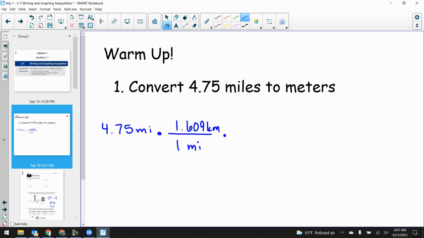But I don't want to end with kilometers. I want to go all the way to meters. So I say 1 kilometer, think back to science class, 1,000 meters. 1 kilometer is 1,000 meters. Are all my variables going to successfully cancel out? Well, I got miles and miles, kilometers and kilometers. So I've just got my meters left over, and that means, oh, look, I got ones along the bottom.